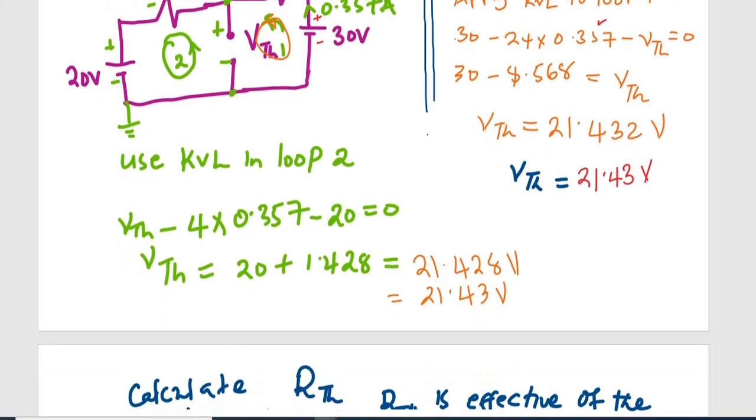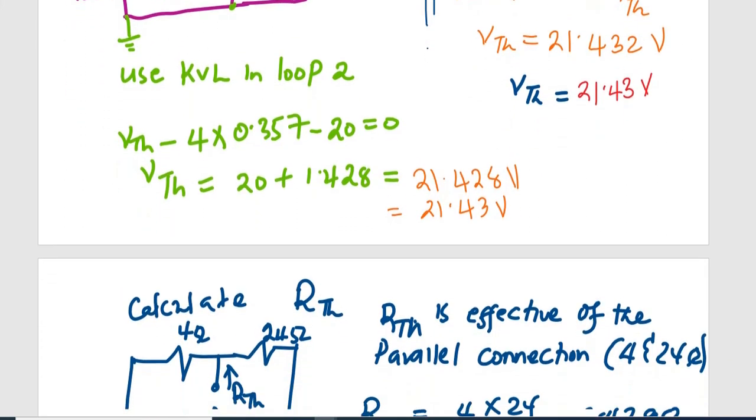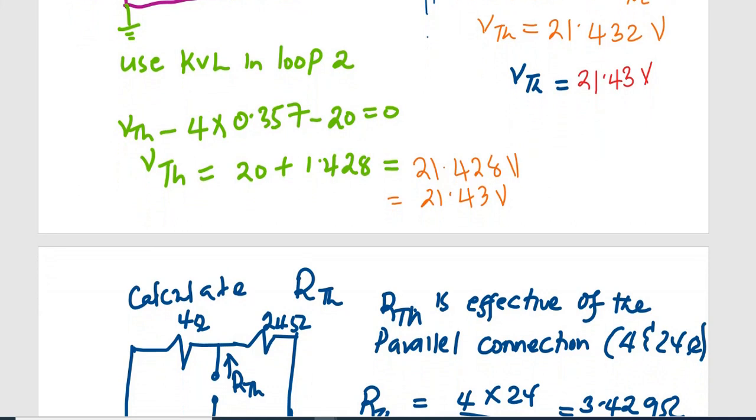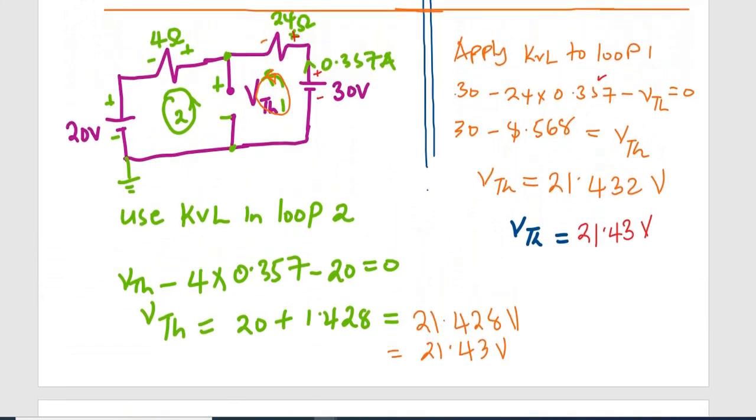Let us check our answer by applying KVL in loop 2. So when we apply loop 2, we are assuming that current is flowing from this VTH source, the Thevenin's source.